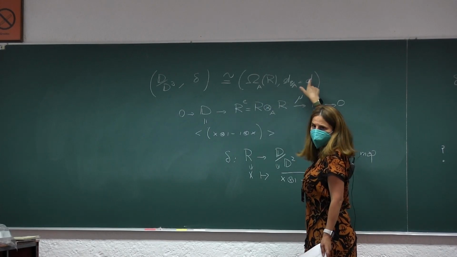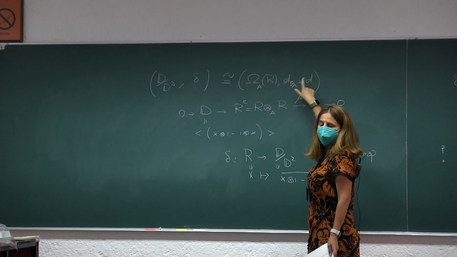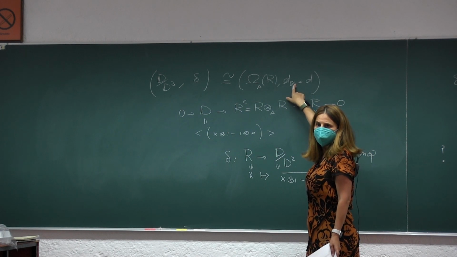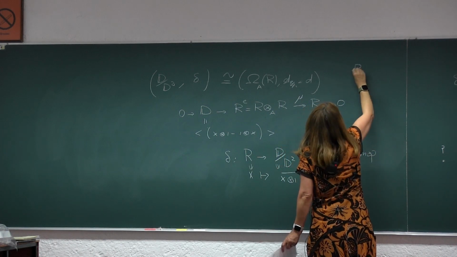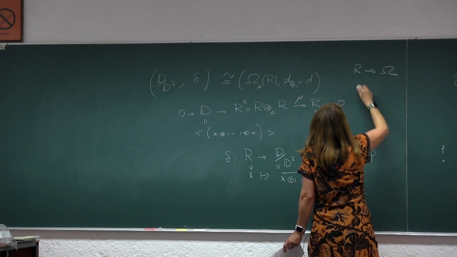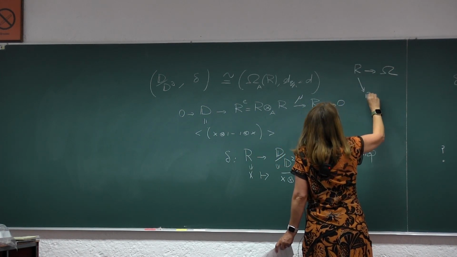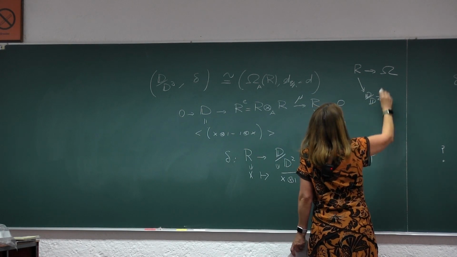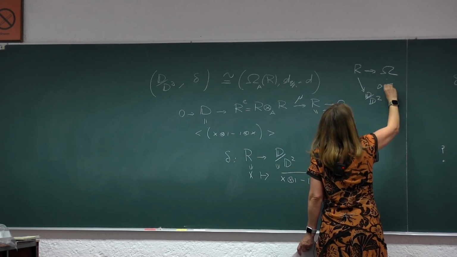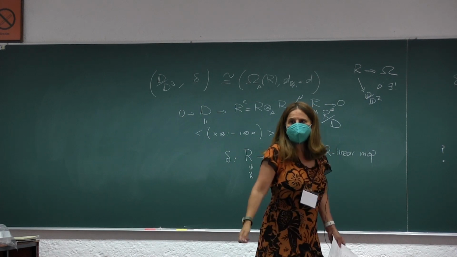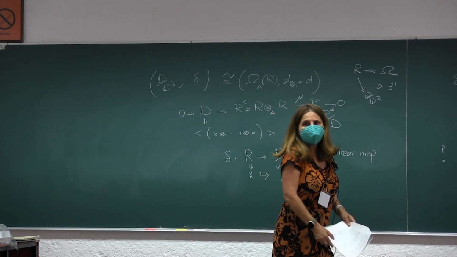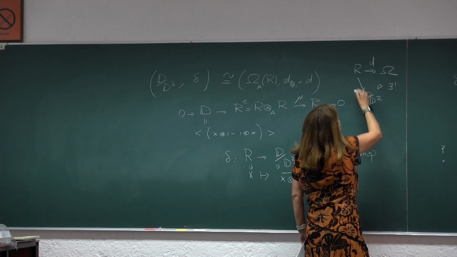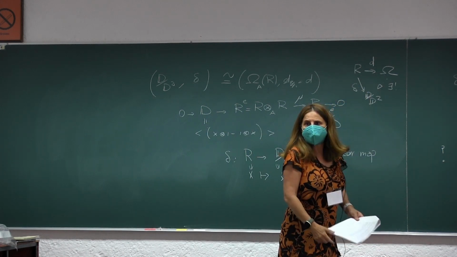So this is universal, okay? This is the universal object. So I have R, omega, the universal object. I have R that goes, this is a derivation. We just proved that this is a derivation. So there exists a map here that makes everything commute. But this is the universal object I'm applying to, and this is D, and this is delta.